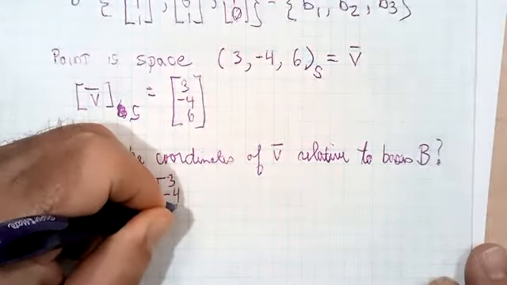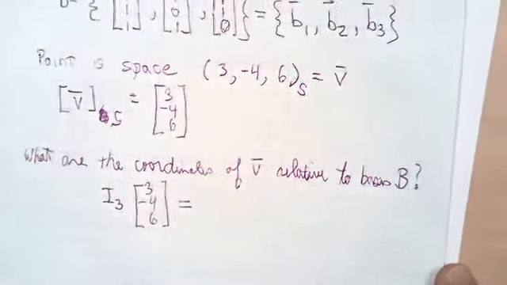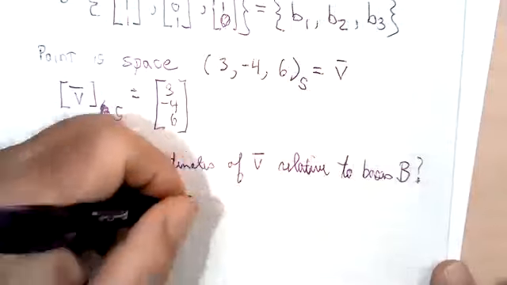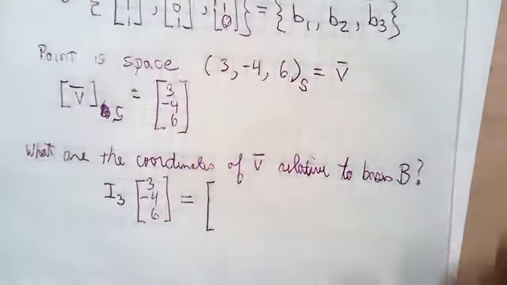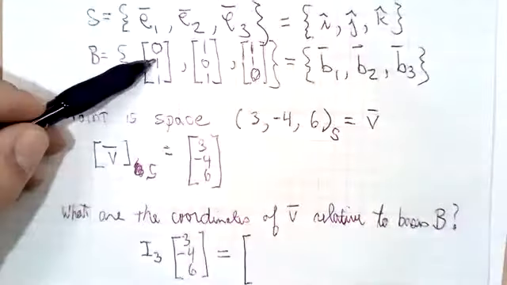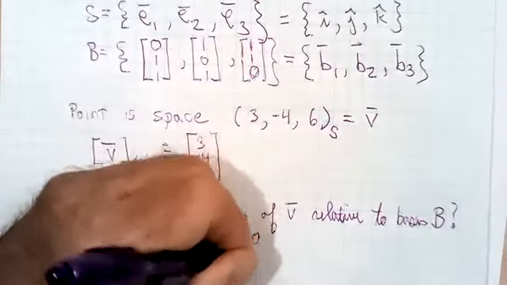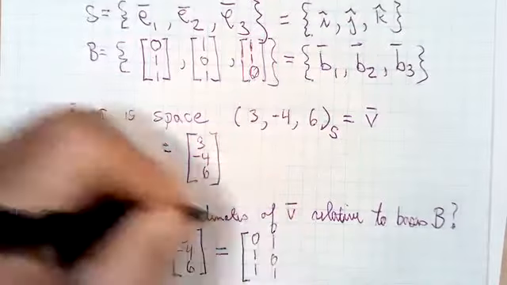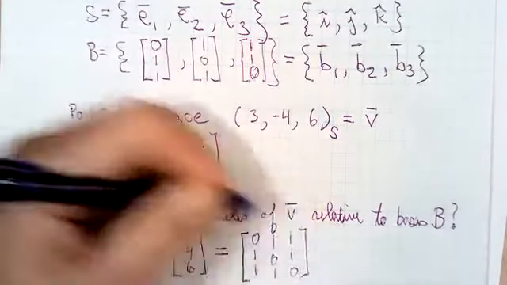3, minus 4, 6 is equal to the B matrix times the new coordinates. And what's the B matrix? Well, it's the one I get by stacking up these vectors as columns. So 0, 1, 1, 1, 0, 1, 1, 1, 0.